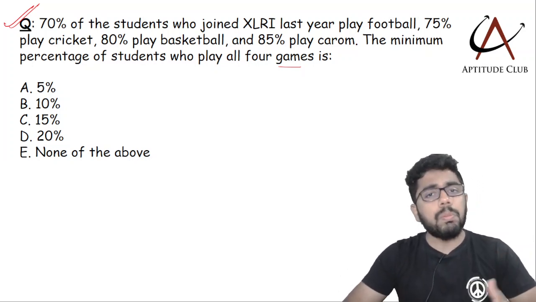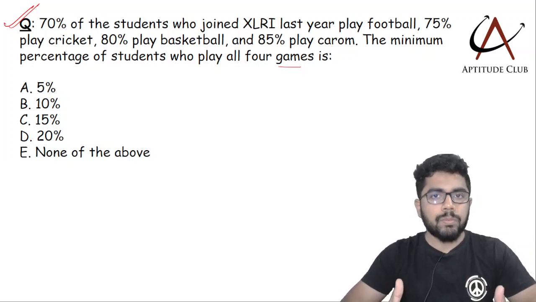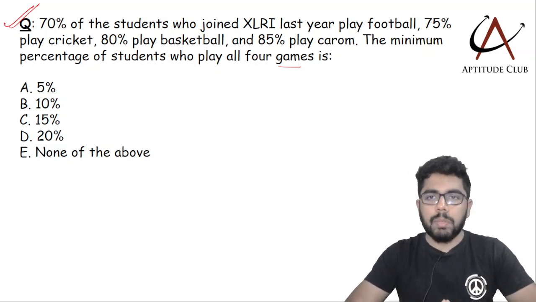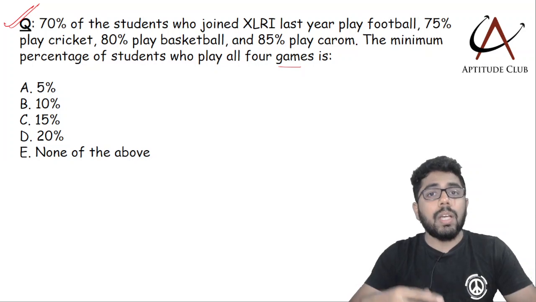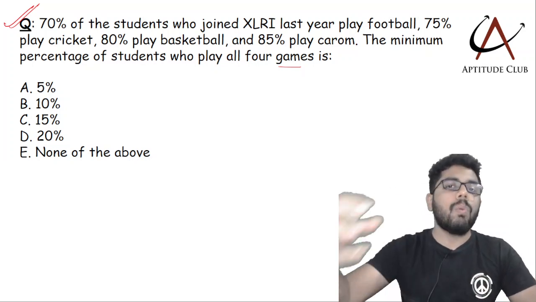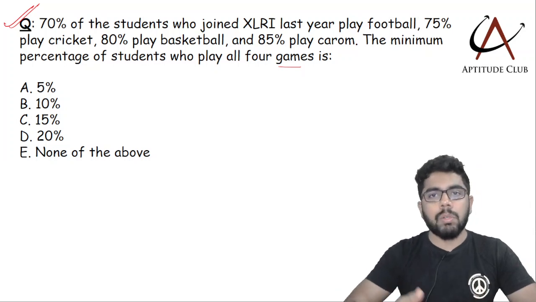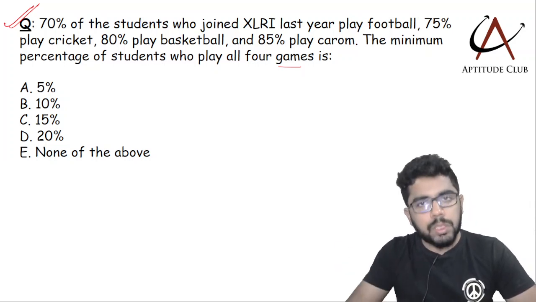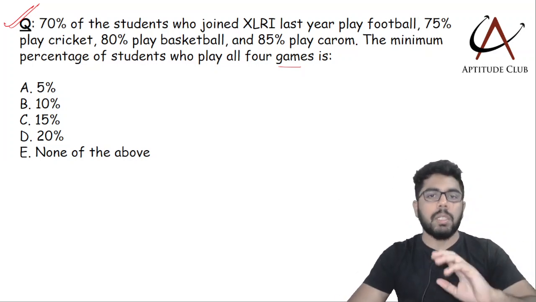And then there would be people who don't play any sport at all. So these are the basic five categories into which I can divide all the candidates. But we don't have enough information in the question to exactly know how many people play exactly how many sports. So in that case, obviously the question is going to ask you to minimize or maximize.